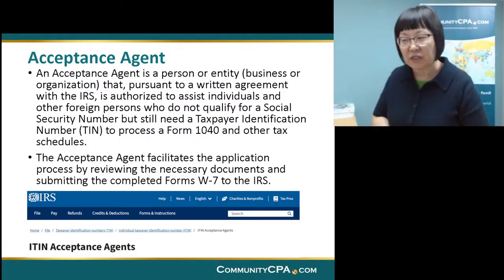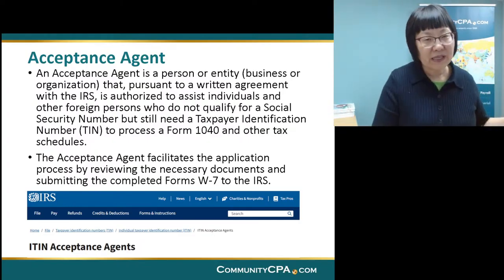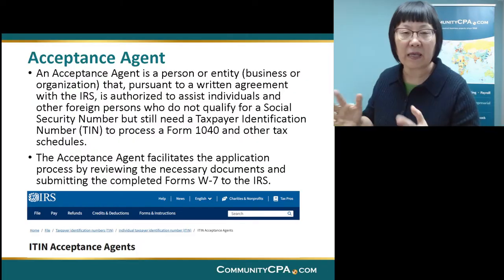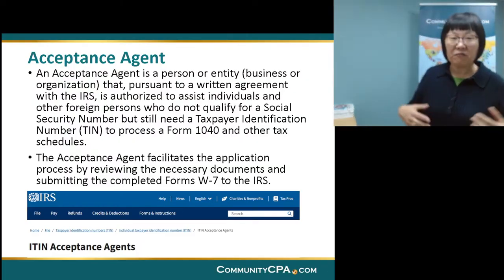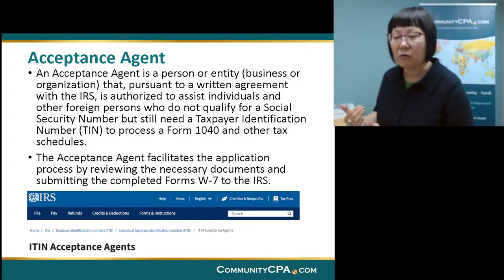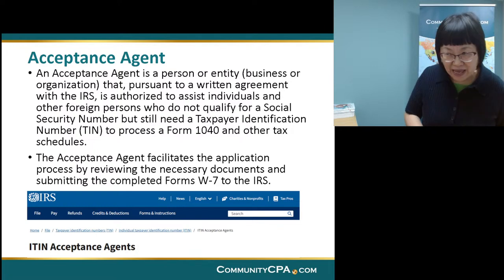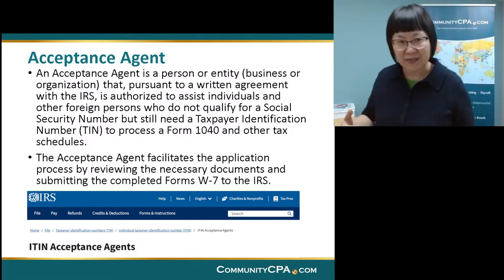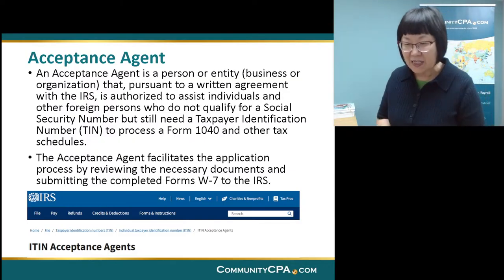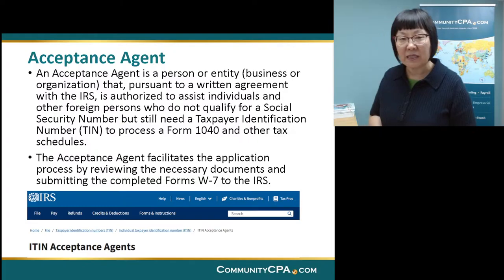The IRS has procedures, and we have to agree to certain things and take certain training. Then the IRS says, okay, you're authorized to assist individuals and other foreign persons who do not qualify for a Social Security number but still need a taxpayer identification number to process Form 1040 or other schedules. You see? So this is the function of the acceptance agent.